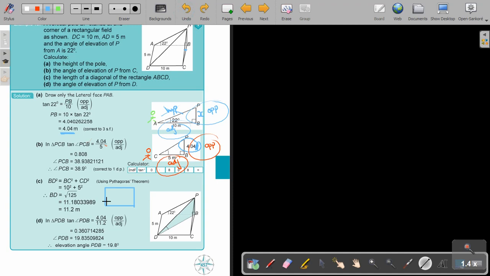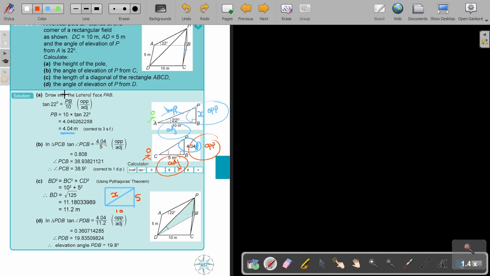In this case, that will be 10, and that one there will be 5, and I'm finding the long one. So I'm just using Pythagoras' theorem: 10 squared plus 5 squared, I take the square root, and I get the answer.